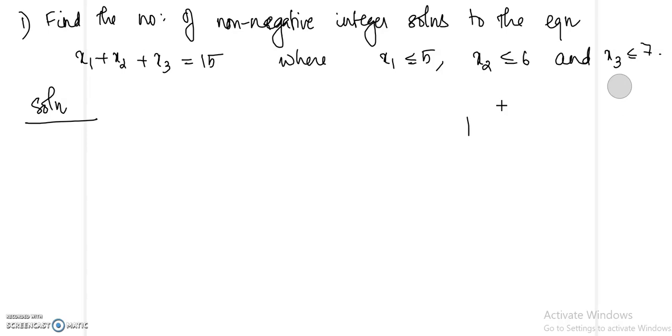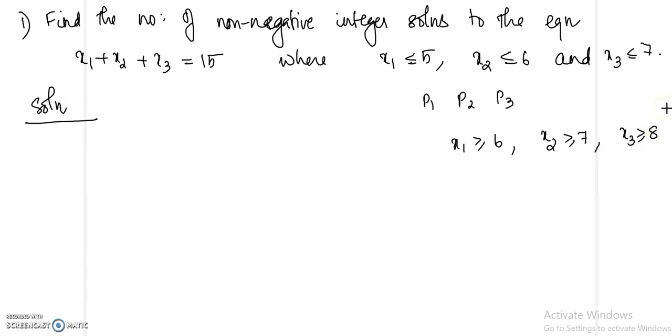We need to define different properties on our given set. So I'll take the properties P1, P2, P3: x1 greater than or equal to 6, x2 greater than or equal to 7, x3 greater than or equal to 8.